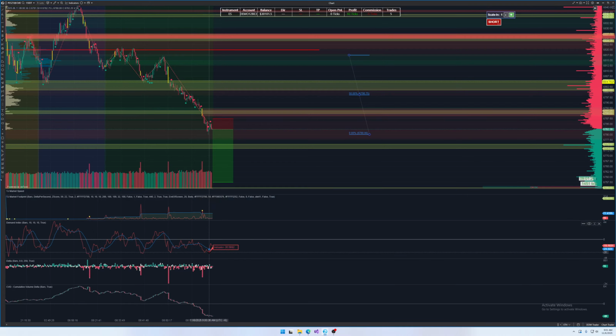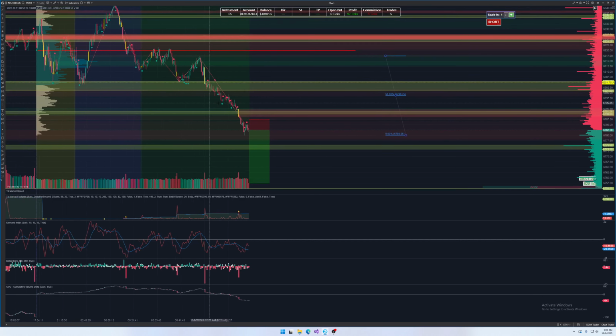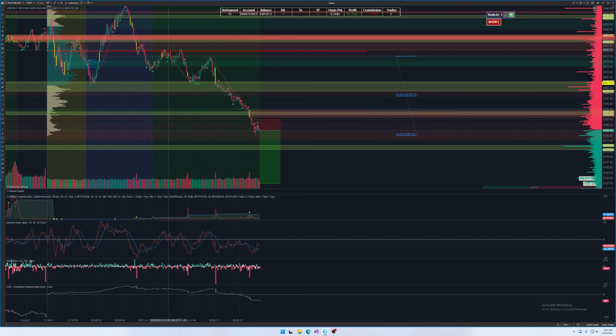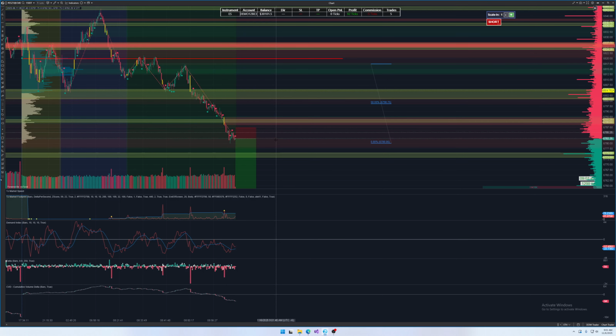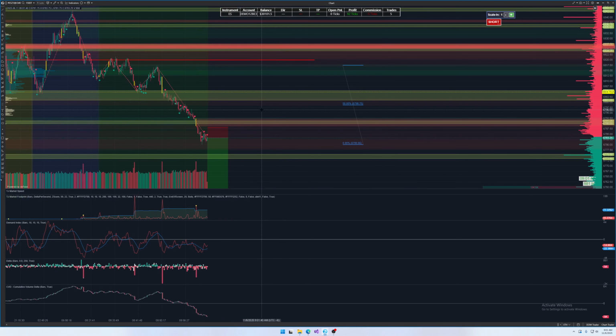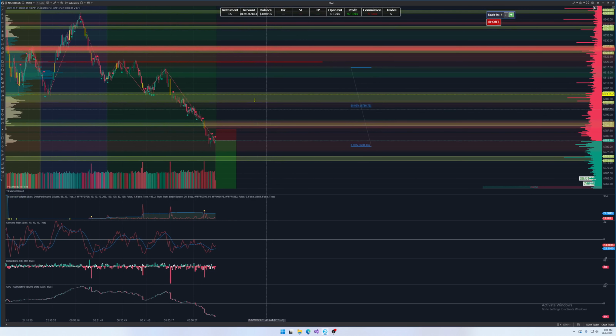So there's a divergence between the demand index and the price. But the trend is your friend, so currently it's clearly going down, so I will not trade long here. No long trade.